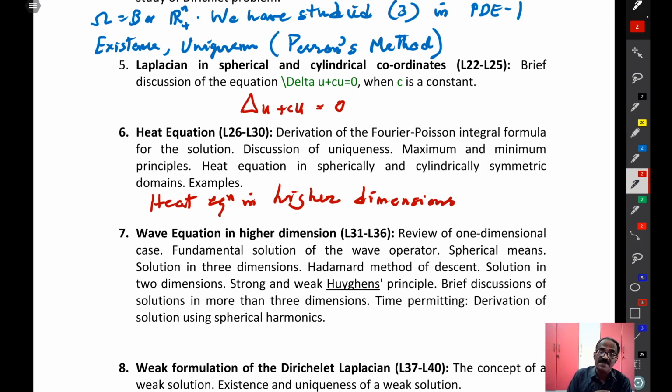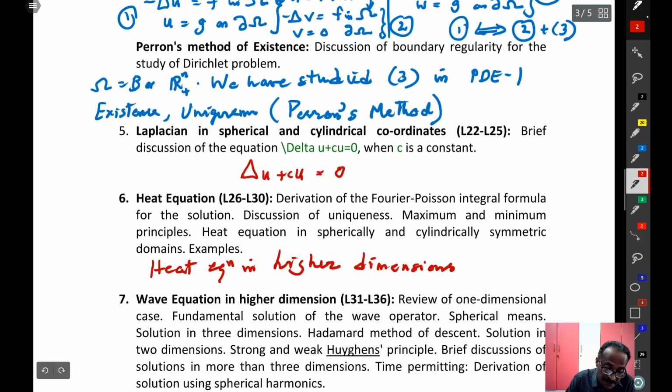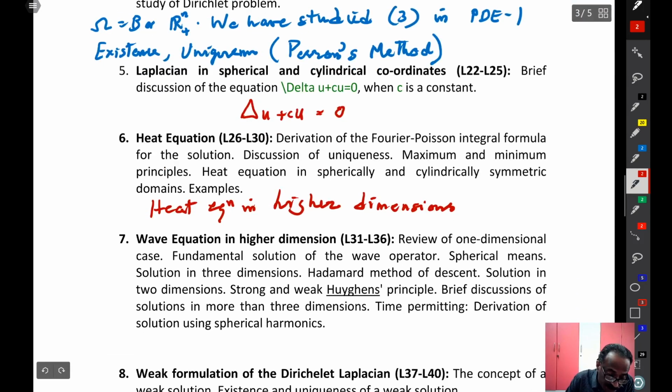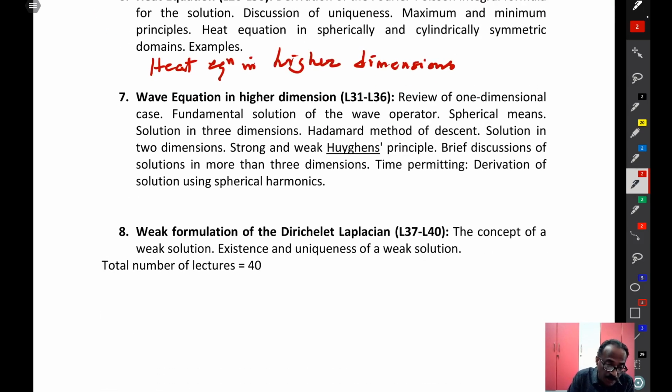We will also discuss uniqueness, the maximum and minimum principle, and since you have already set the stage for spherical and cylindrical coordinates for the Laplacian, we will continue to understand the heat equation in spherical and cylindrical coordinates. Then we will move to another important equation, the wave equation in higher dimensions.